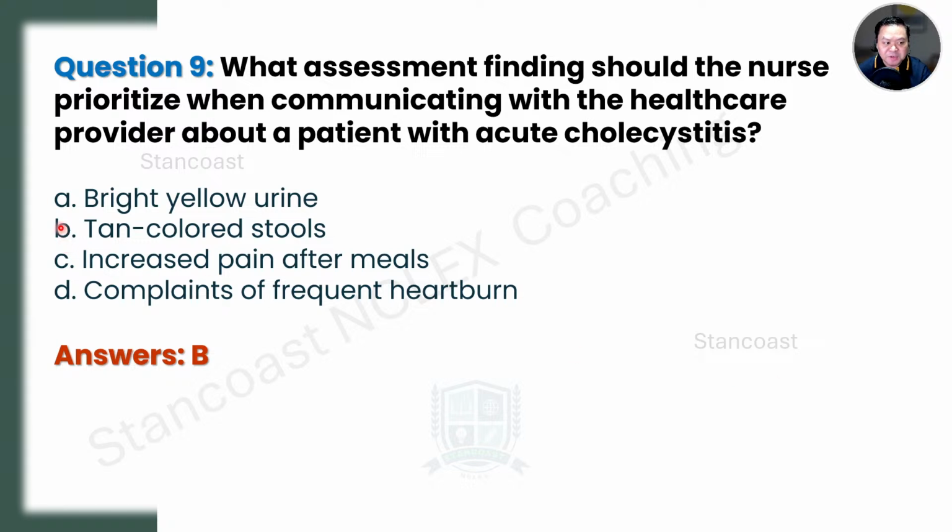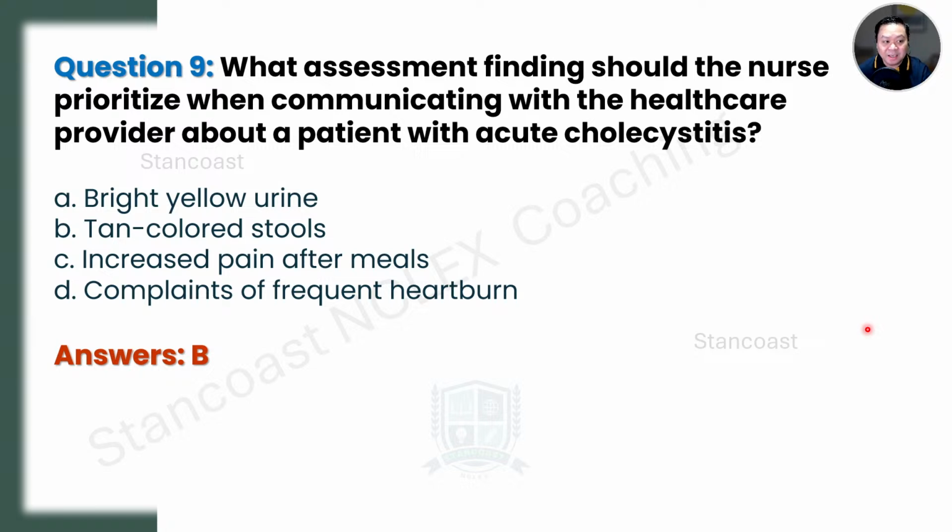However, if you selected letter A, bright yellow urine, this is not unusual and does not suggest a critical condition. Now, if you selected letter C, increased pain after meals, this is an expected finding in acute cholecystitis. It doesn't really indicate an emergency.